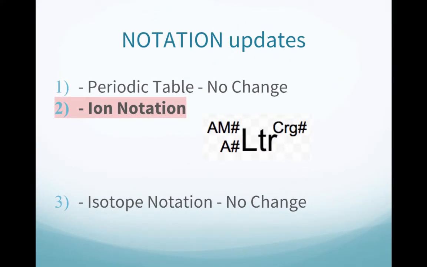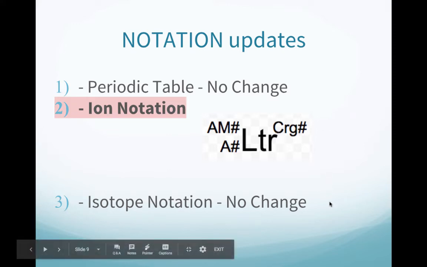So here are your notation updates. Periodic table notation was our first notation. There was no change. Ion notation, you now have right here in the upper right-hand corner the charge, okay? And it will be a positive or negative number from -3 to +3, okay? Isotope notation has no change. Nothing is different about isotope notation.